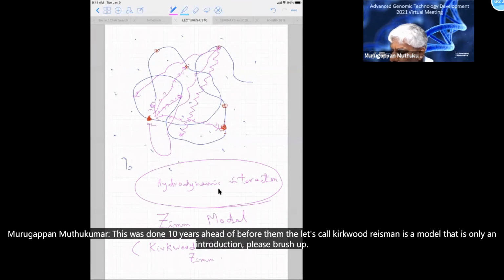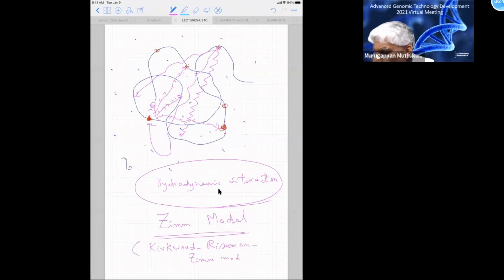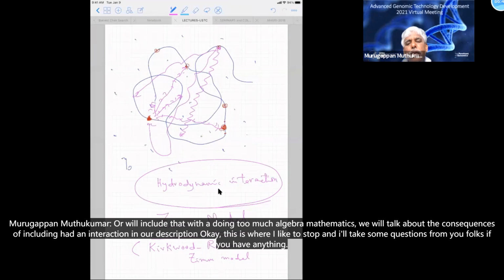Please brush up your knowledge about hydrodynamics, and I'll have a very brief introduction about hydrodynamics, and then we'll include that without doing too much algebra or mathematics. We will talk about the consequences of including hydrodynamic interaction in our description. Okay, this is where I'd like to stop, and I'll take some questions from you folks if you have anything.